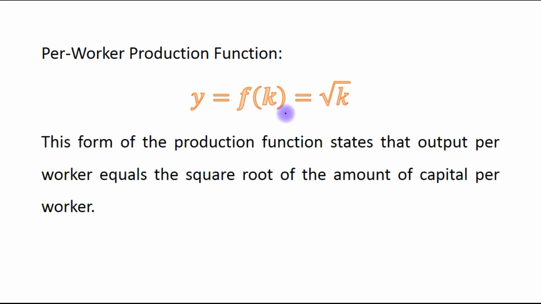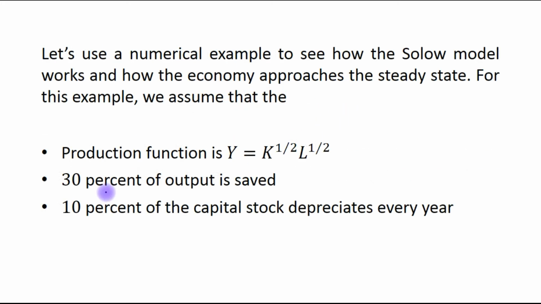So F(K star) will be root K star, and 30% of output is saved. That means saving rate equals 0.30. This information is given in the question. And 10% of the capital stock depreciates every year. That means depreciation rate denoted by delta equals 0.10.